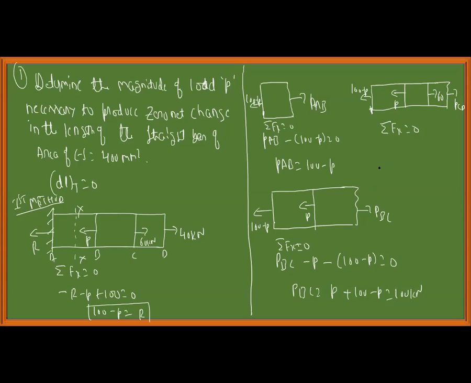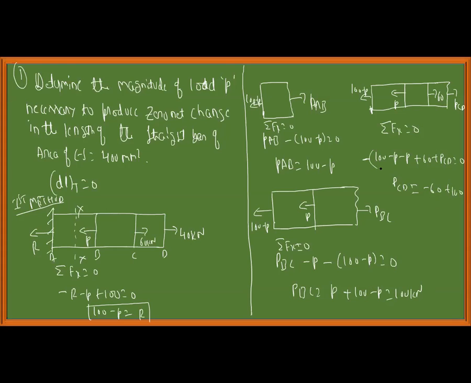Now if I write minus of 100 minus P plus 60 plus PCD is equal to 0, or PCD is equal to minus 60 plus 100. Sorry, I've made a mistake.